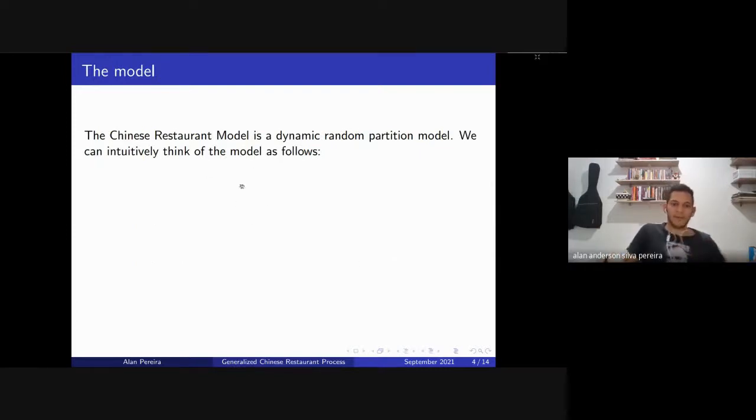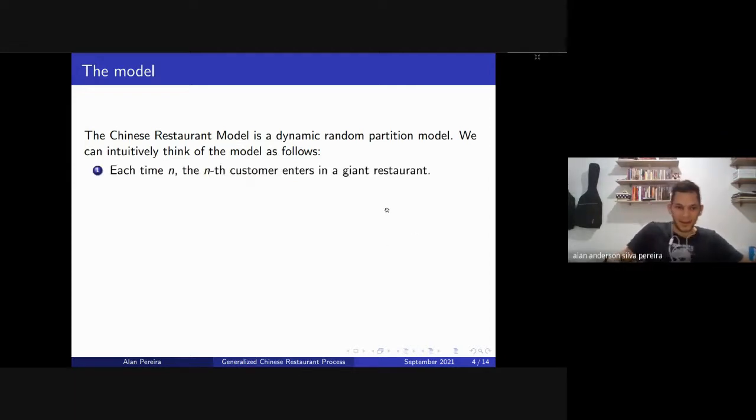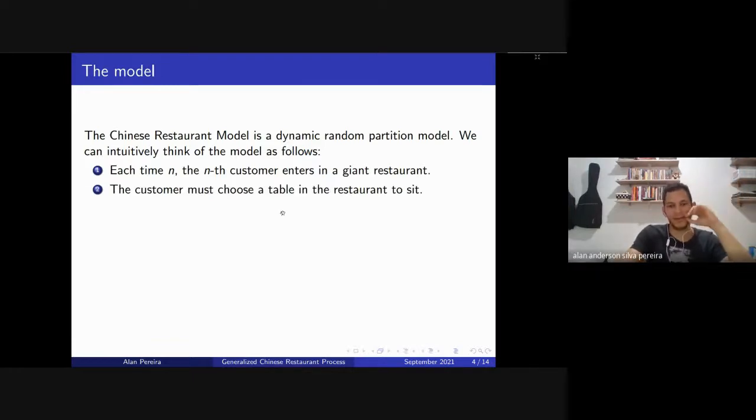Let us see the model in the more human version, without mathematics yet. First, at each time, a customer will enter a giant restaurant. The restaurant has infinite tables, so the people can sit every place they want.